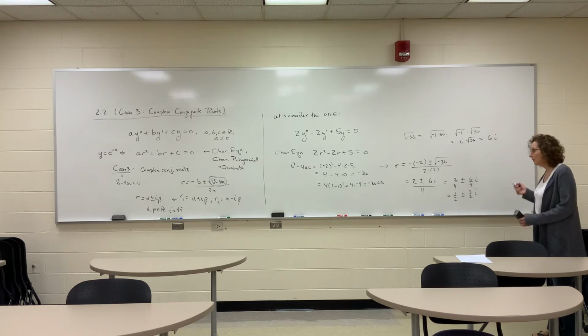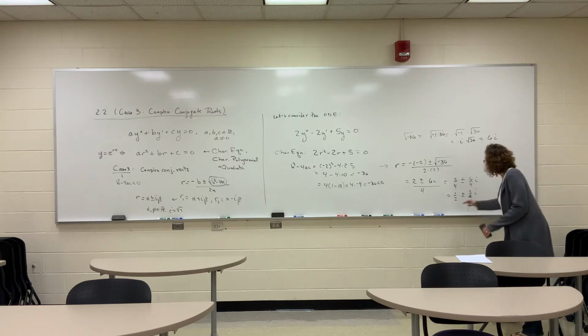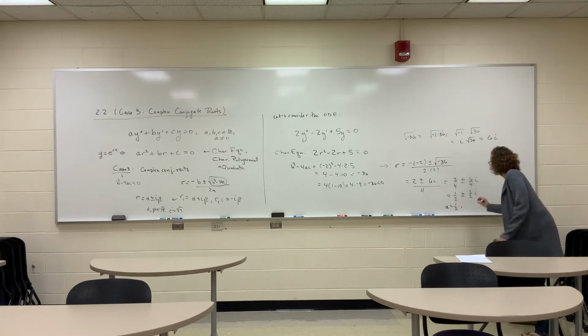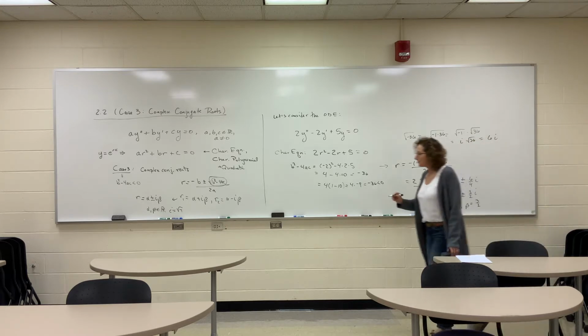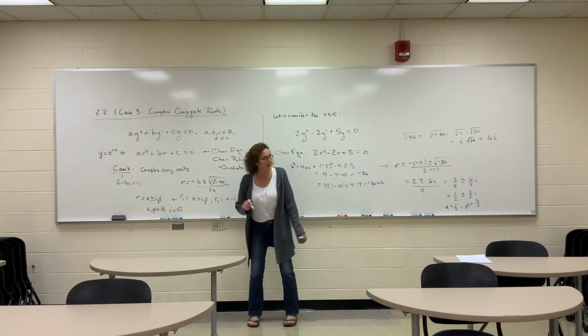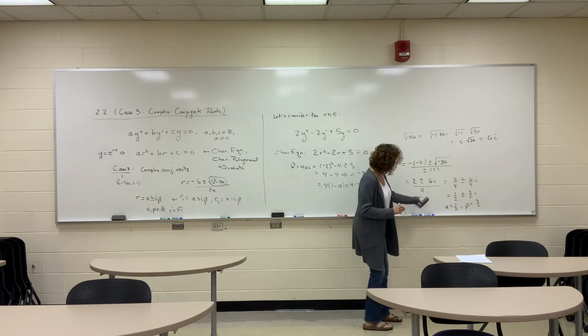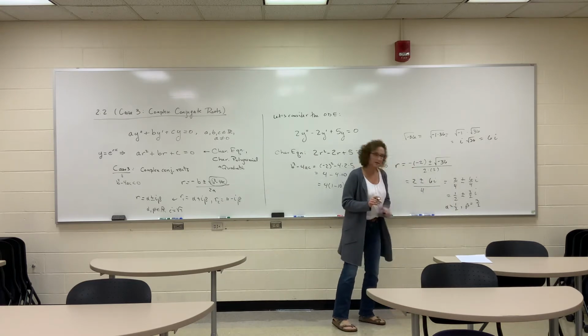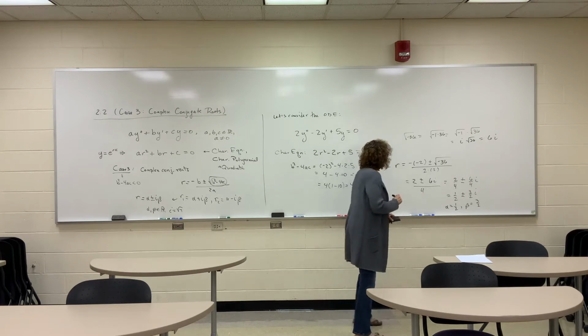So there are our two r's, right? For this problem, what is alpha? 1/2, and what is beta? 3/2. We have two roots, alpha plus i beta and alpha minus i beta. So our two roots are 1/2 plus 3/2 i and 1/2 minus 3/2 i. Yes? Okay.